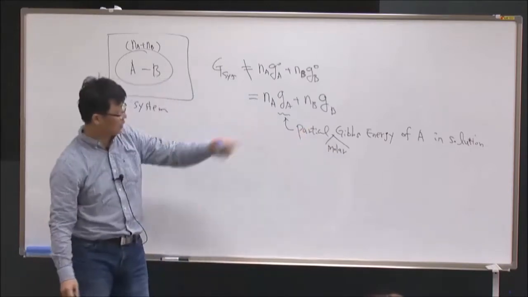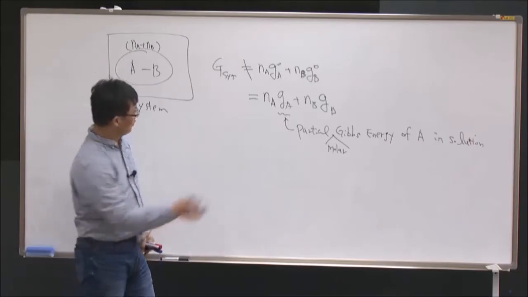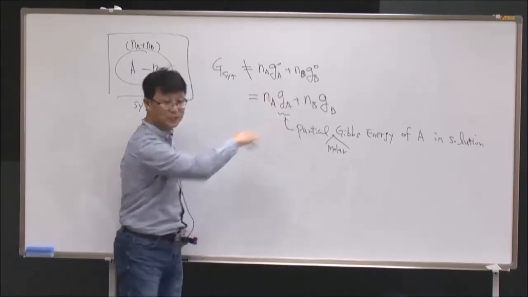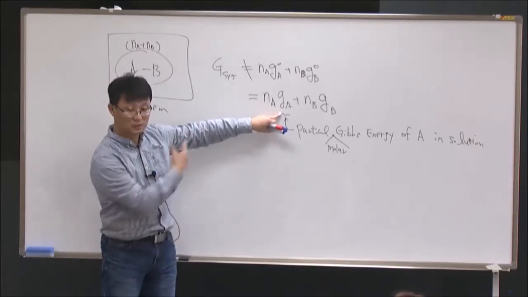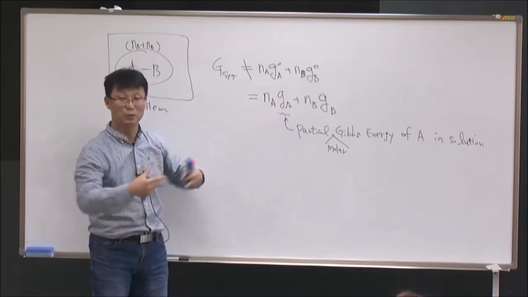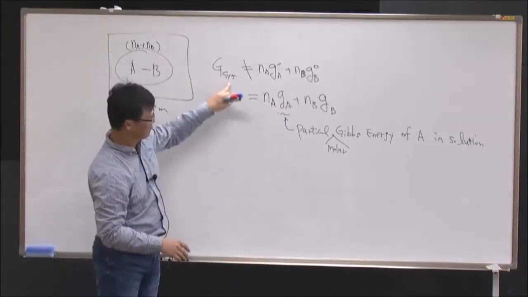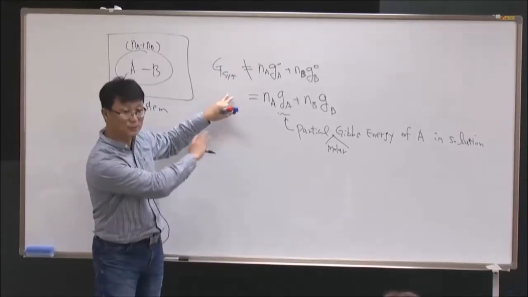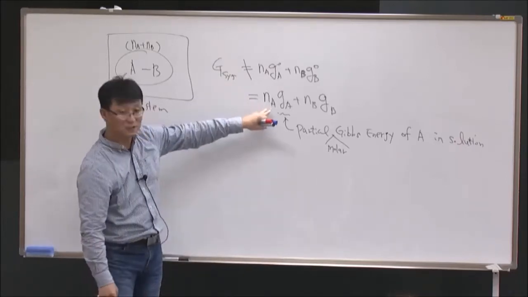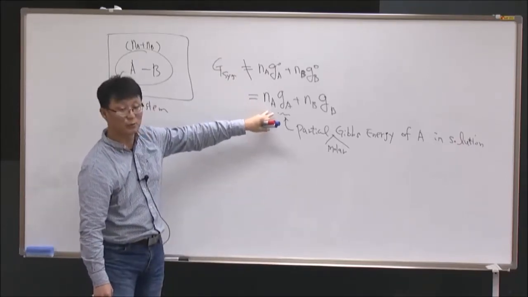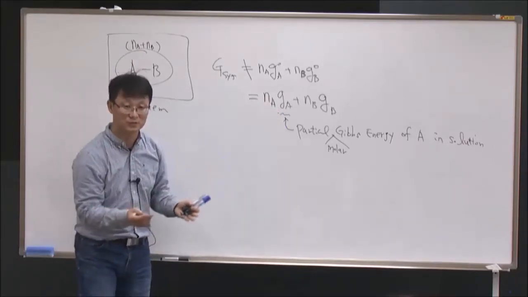Partial molar Gibbs energy of A in the given solution. So we want almost the same expression, just a summation, but this one is not anymore the pure Gibbs energy. This one counts some sort of interaction in the solution. But we want to make the equation very simple. So how about the Gibbs energy of the solution phase is simply the sum of the partial Gibbs energy of A and the partial Gibbs energy of B in the given solution.